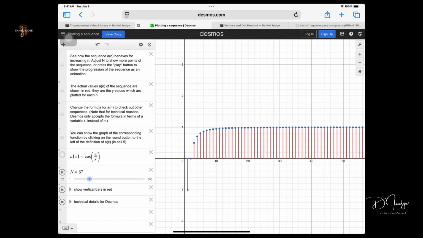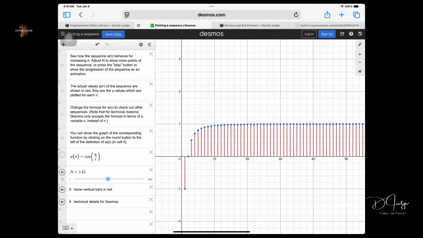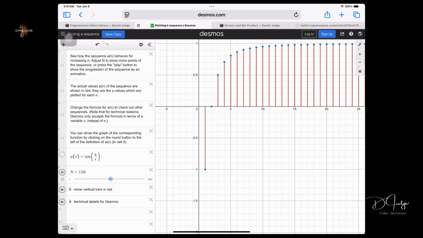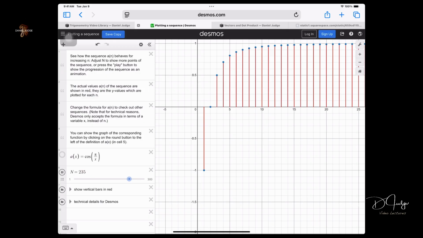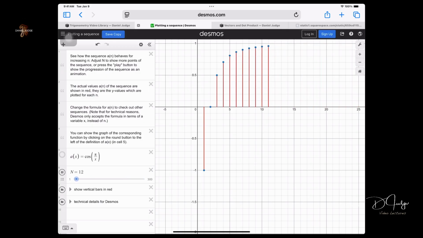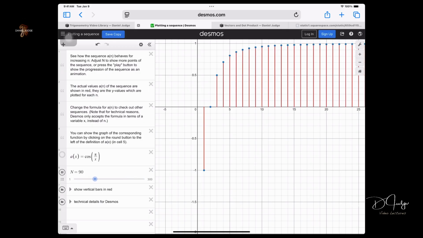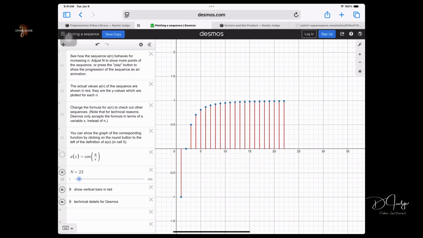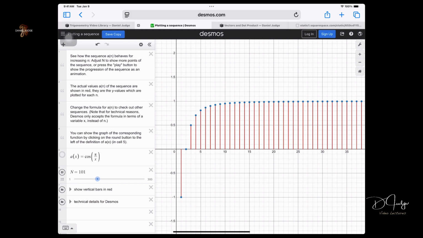Yeah, pi over n is decreasing, but cosine of pi over n, not necessarily the case. In fact, ladies and gentlemen, that first term is -1. Second term will be 0.